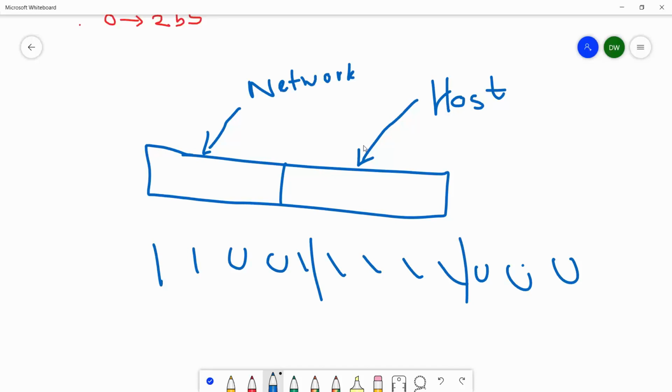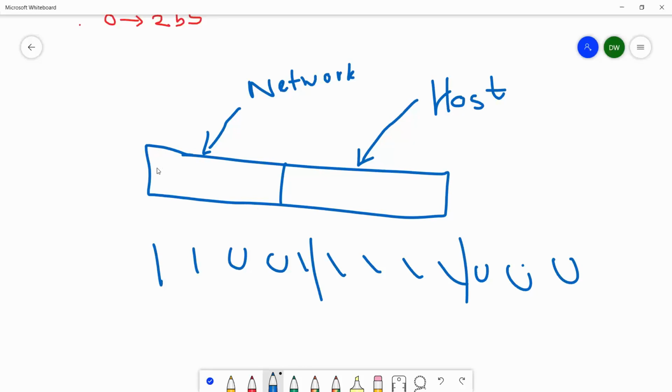Just remember that an IP address is 32 bits long and it is divided into two sections, the network side and the host side. The network side represents network bits, and the host side represents host bits, right?